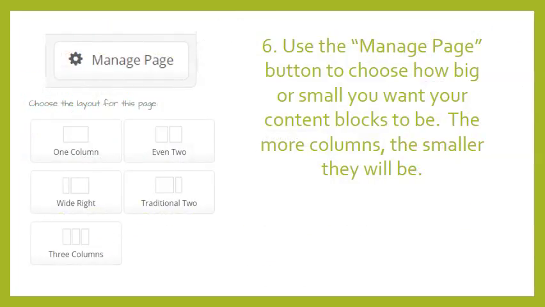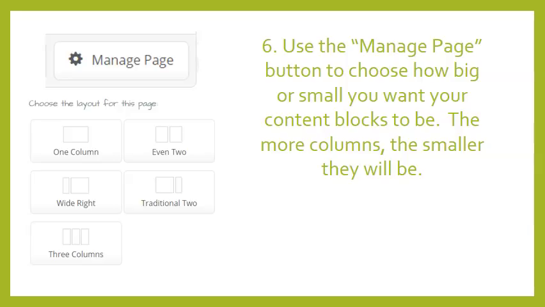The Manage Page button is basically how do you want your page to look in terms of size of content blocks. If you choose one column, everything shows up as one big content block, and it goes straight down from the top to the bottom.